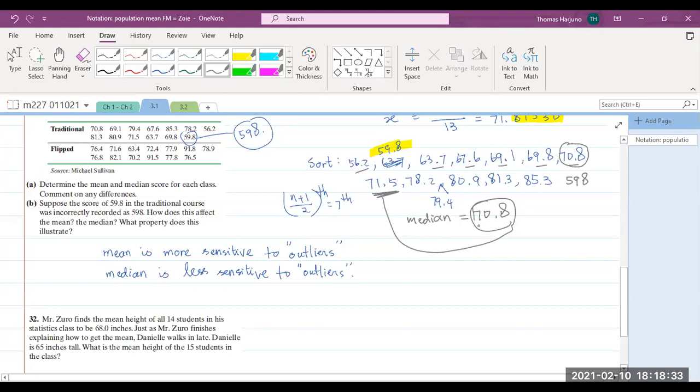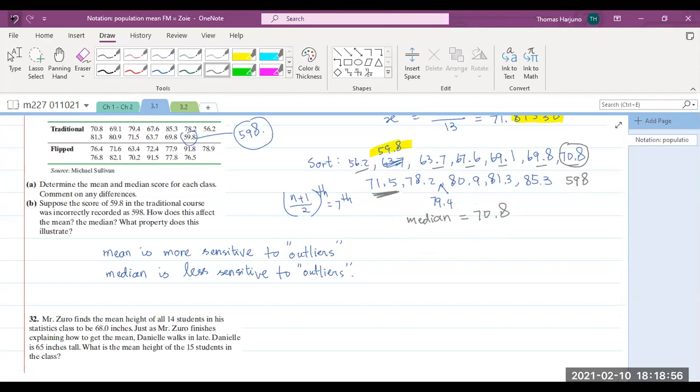The actual median, if there's no mistake, is 70.8. Because of this mistake the median becomes 71.5, but that's not a very big difference, right? Compared to the mean, if you change 59.8 to 598, the mean will be very, very different. So that's the property.